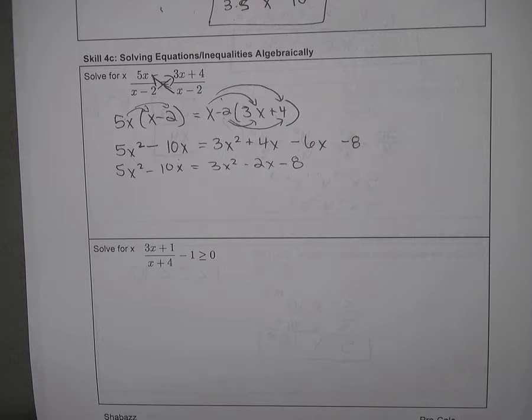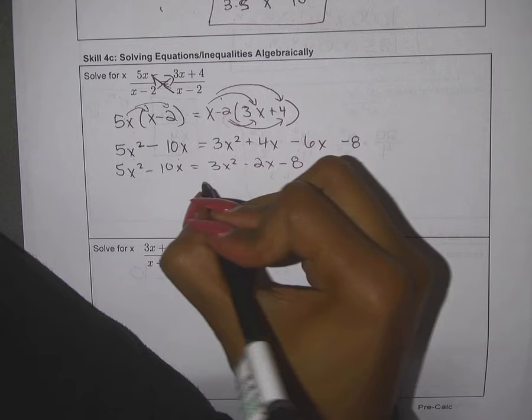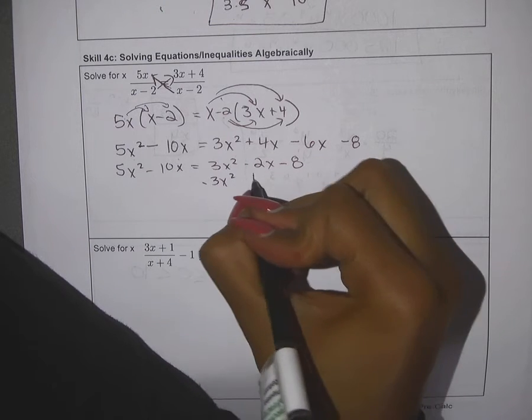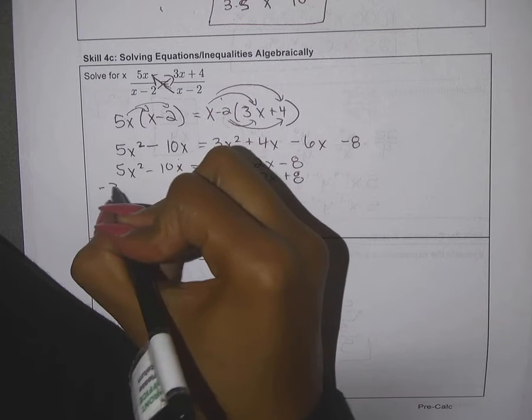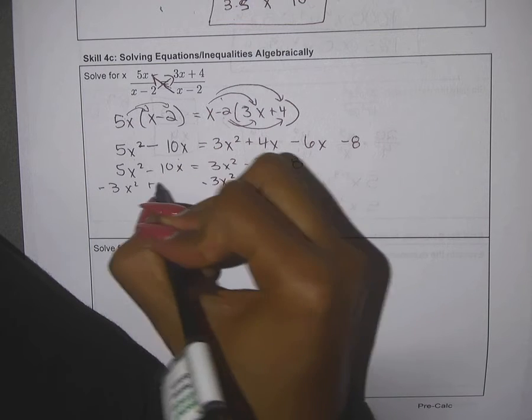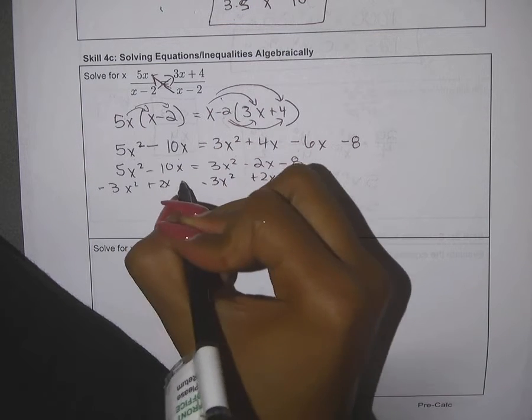So I want to get all of my terms on one side of the equation. And if I start off by subtracting the right side, I'll have a positive x squared. So I'm going to go ahead and minus 3, add my 2, and add my 8. So minus 3 over here, adding 2, adding 8.